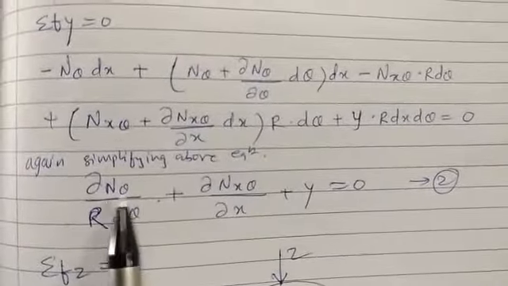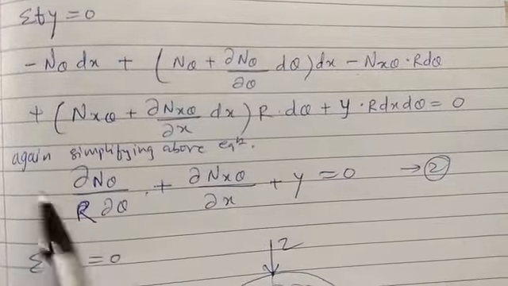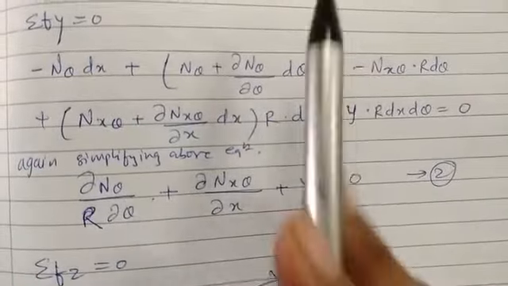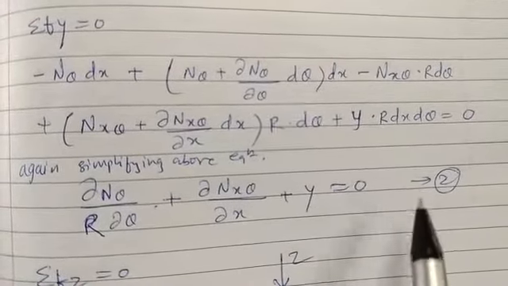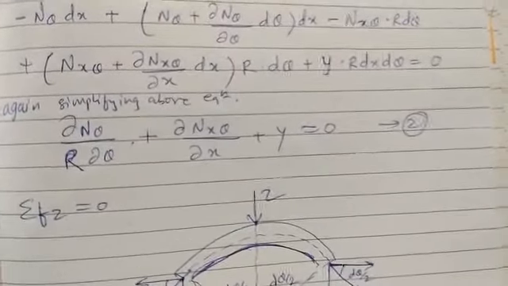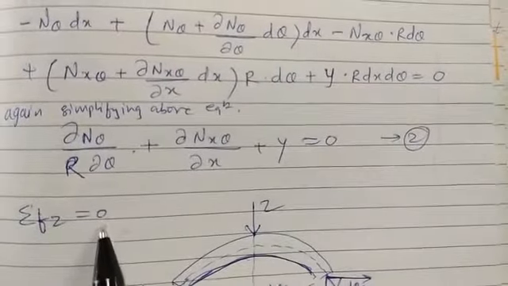If you simplify this equation, you will get this equation. I am not going to explain it again because I have already explained the above equation. And now we'll calculate the summation of forces in z direction, which will be equal to 0.